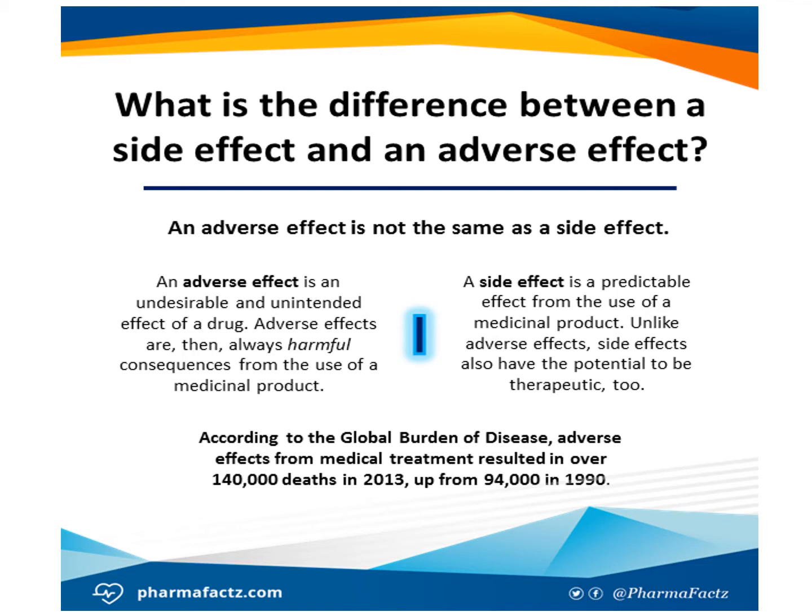Well, that's totally predictable from an opioid analgesic. Constipation is an extremely common side effect. Is it going to stop the use of the medication? No. You can easily address constipation with a laxative. So side effects don't usually stop the use of the medication necessarily, whereas adverse effects do.